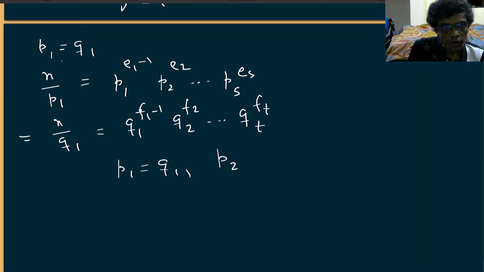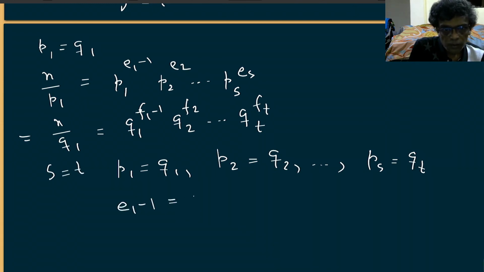Of course, you have already proved it. P2 is equal to Q2, and so on, Ps equal to Qt. S equal to T. E1 minus 1 is equal to F1 minus 1. E2 equal to F2, and so on, Es equal to Ft.